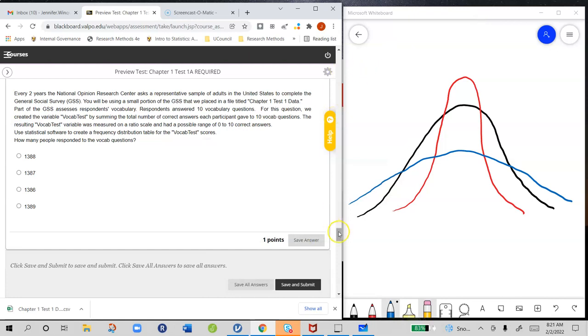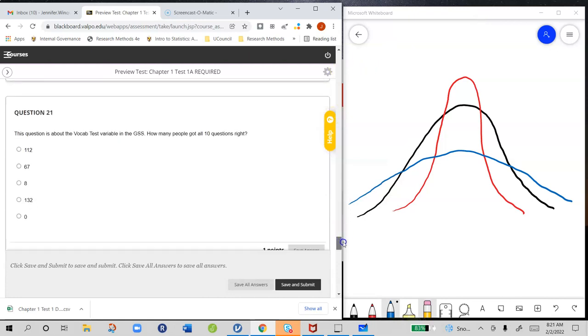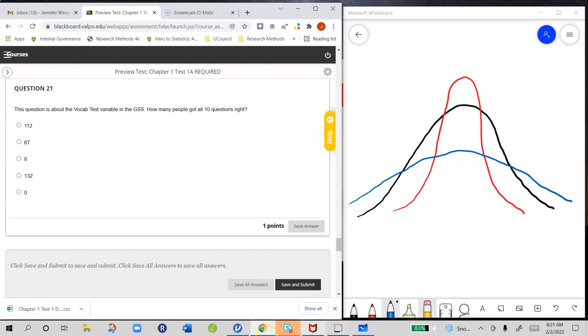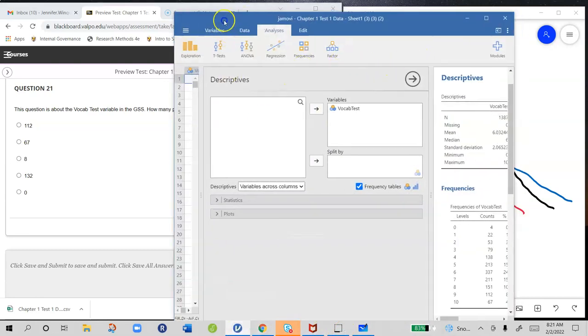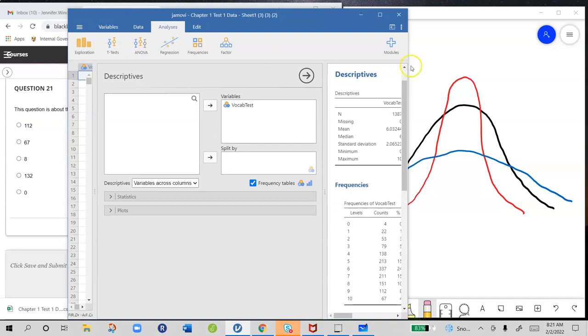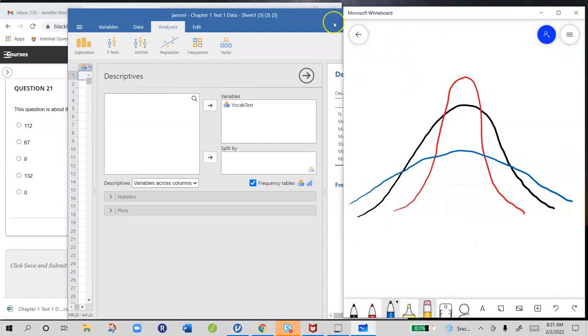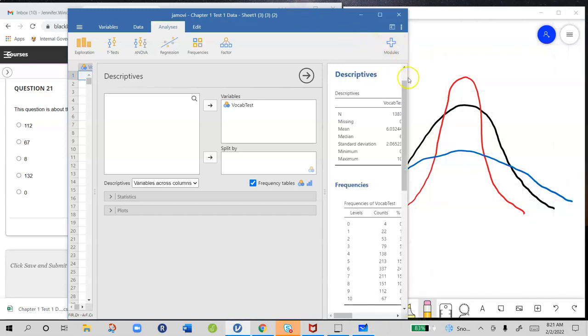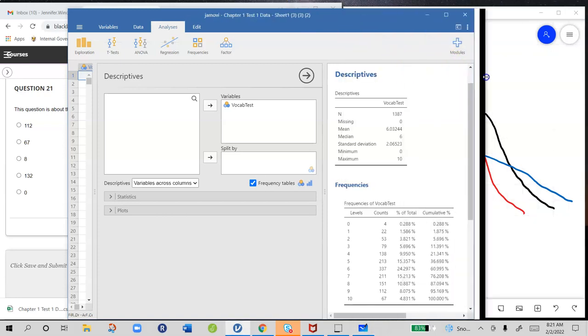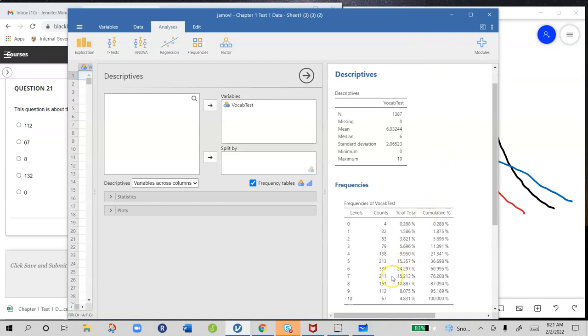Okay. All right. Next, we want to know how many people got 10 questions right. We're going to go back to our frequency distribution table that we already created here. Let me move that over. And so we want to know how many people got 10 right.